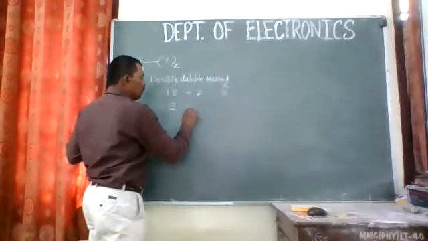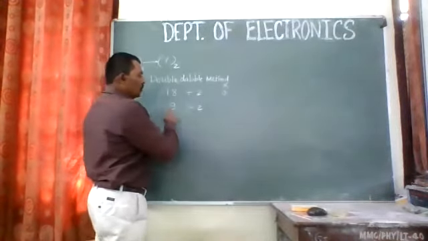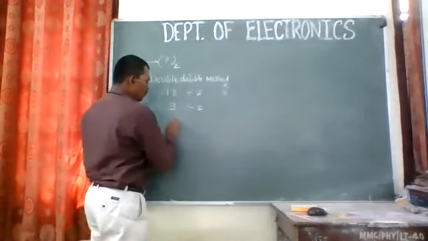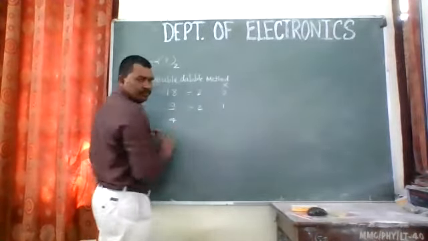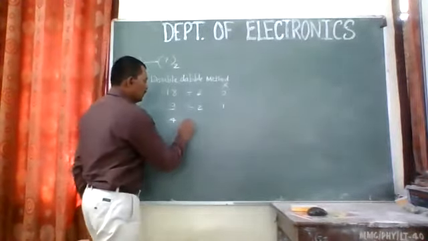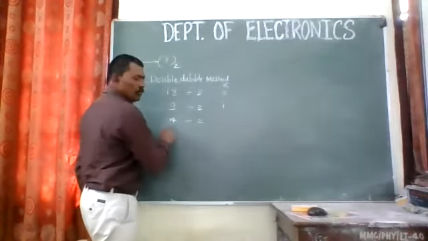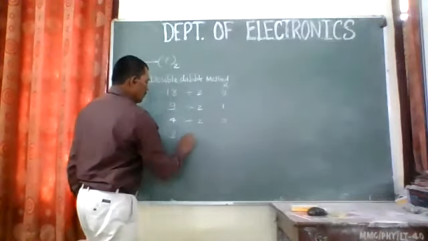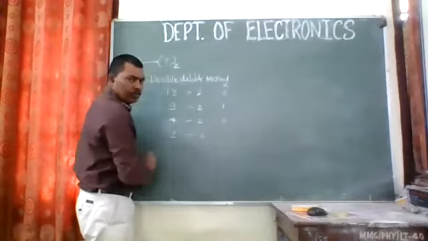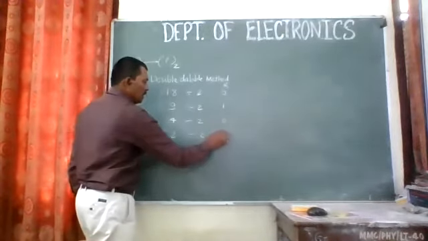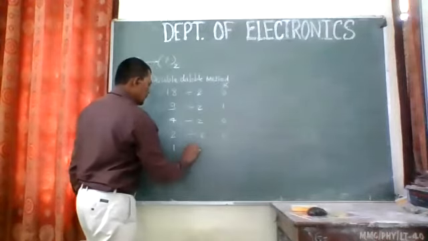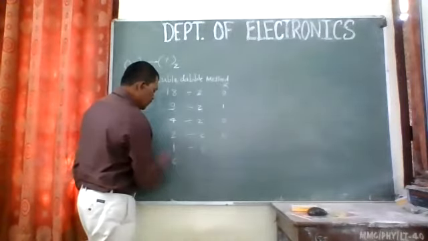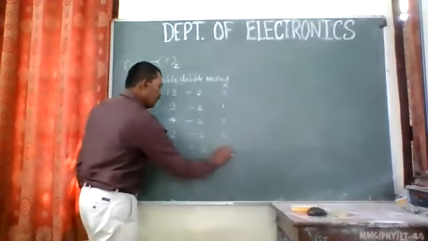Again divide 4 by 2: the quotient is 2, remainder 0. Divide 2 by 2: the quotient is 1, remainder 0. Lastly, 1 divided by 2: the quotient is 0 and the remainder is 1.